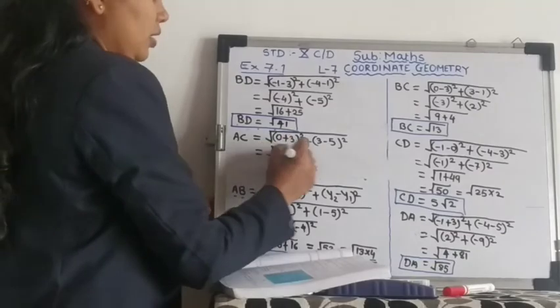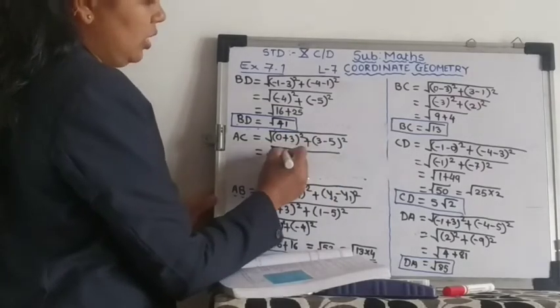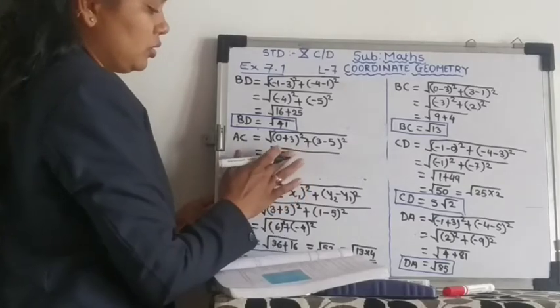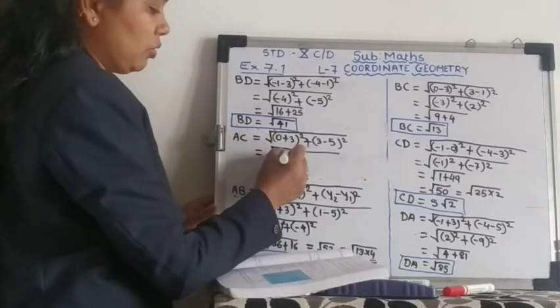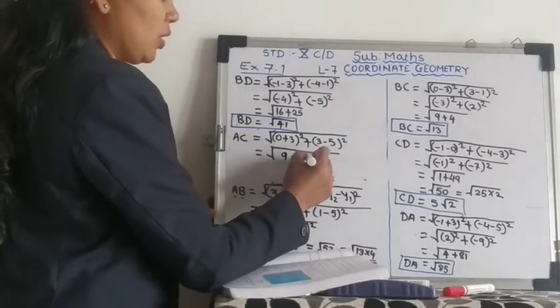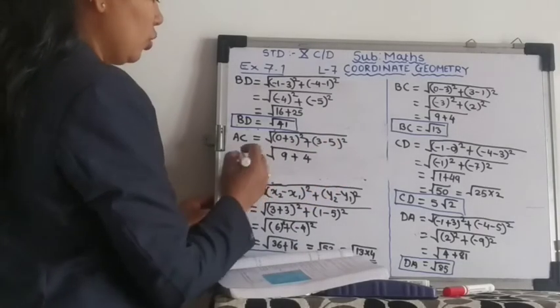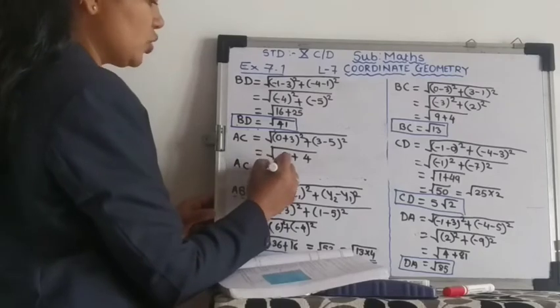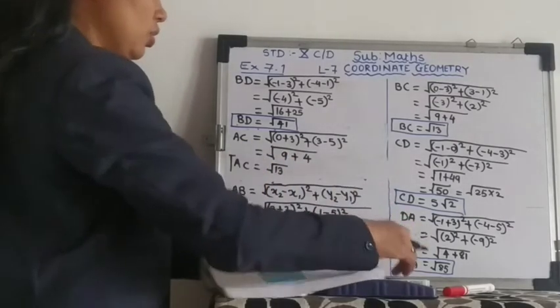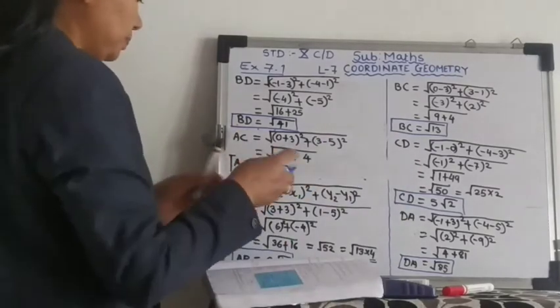So here we will write that 0, 3 means plus 3, and 3's square is 9. So I'll write here directly now: 9 plus (3 minus 5) is -2, and -2 ka square hai +4. So AC is equal to root 13. We will do addition of it.